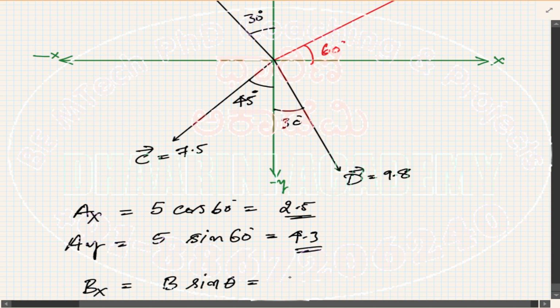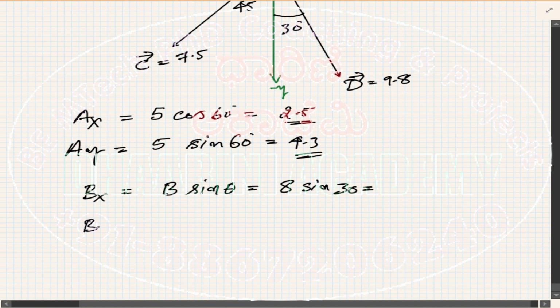So this is 8 sine 30. Similarly, by is equal to b cos theta, so that is 8 into cos 30.